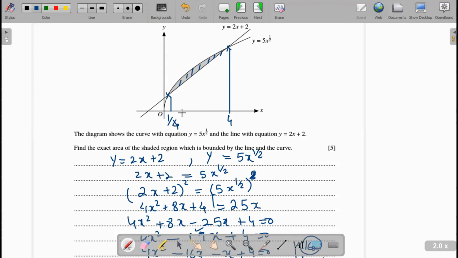Now we have to find the exact area of the shaded region which is bounded by the line and the curve.